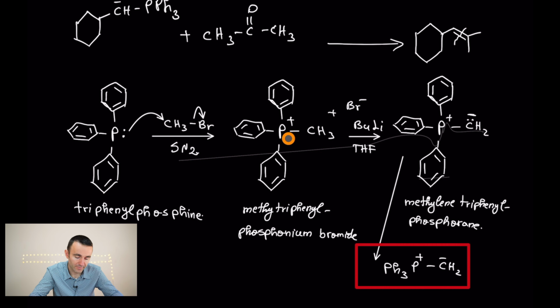And you form this compound, methyltriphenylphosphonium bromide in this case. And in order to make the molecule neutral, we treat it with a base, butyllithium in THF, and we remove one hydrogen here to make the structure neutral. Methylene triphenylphosphorane in this case. This is the reagent. Okay?